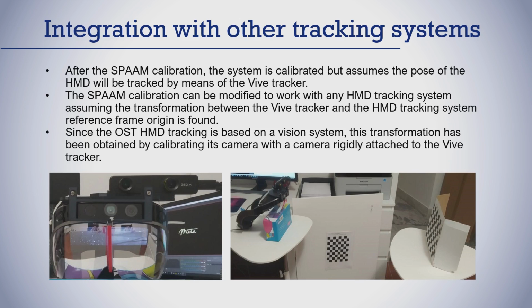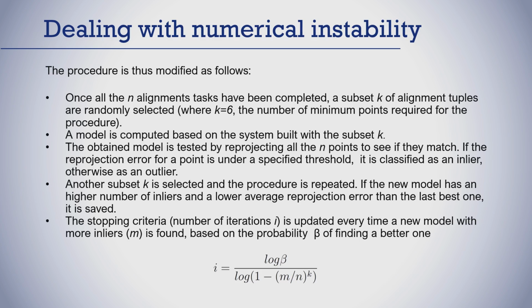So in this case, it's 6 points. Once you compute the model, you try to reproject all the original 15 points with the matrix you obtain, and for each point you check the reprojection error. If the reprojection error is under a certain threshold, you count that point as an inlier. Otherwise, you discard it and count it as an outlier.